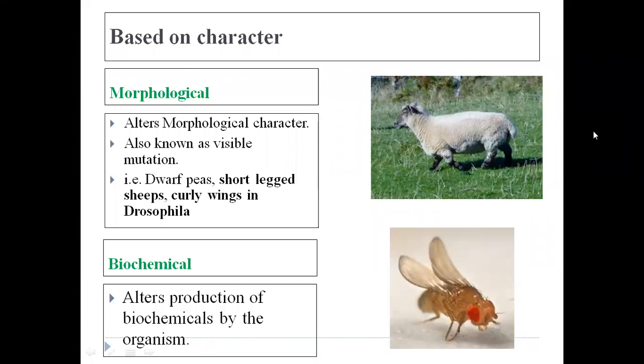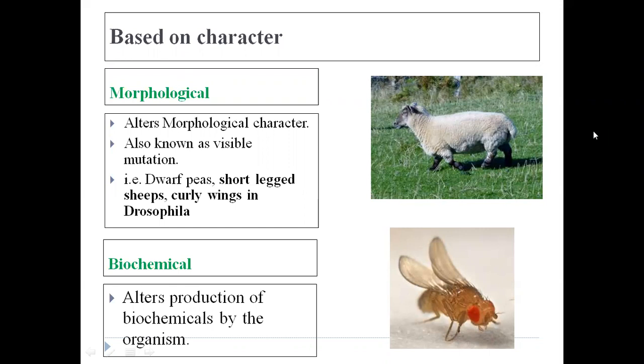In the last video lecture tutorial, we talked about DNA and its mutation and its identification, and the types of mutation based on the different sources and characters and many more things.